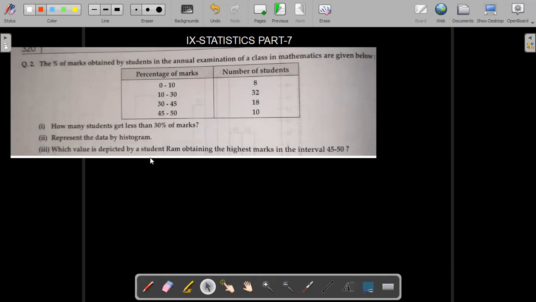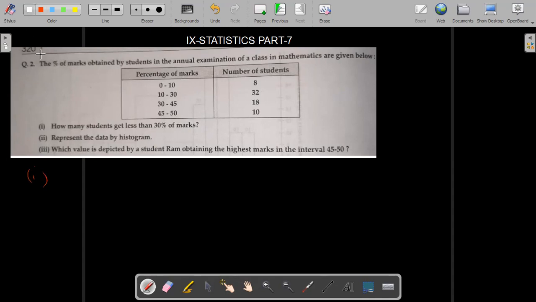Which value is depicted by a student from obtaining the highest marks in the interval 45 to 50? Okay. So how many students get less than 30% of marks? The first answer we can directly write.